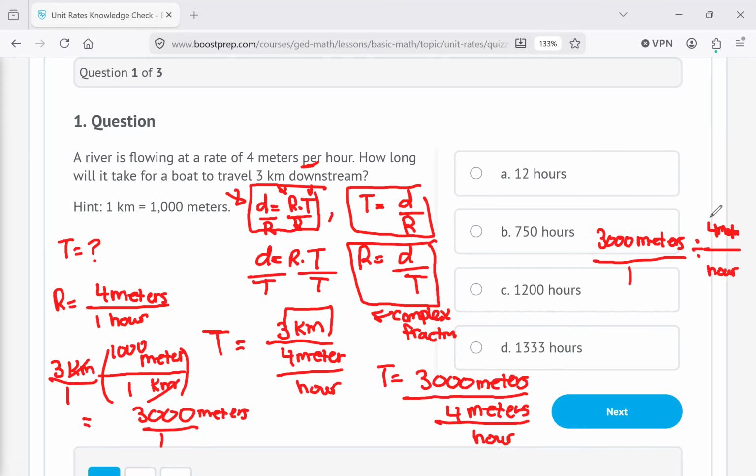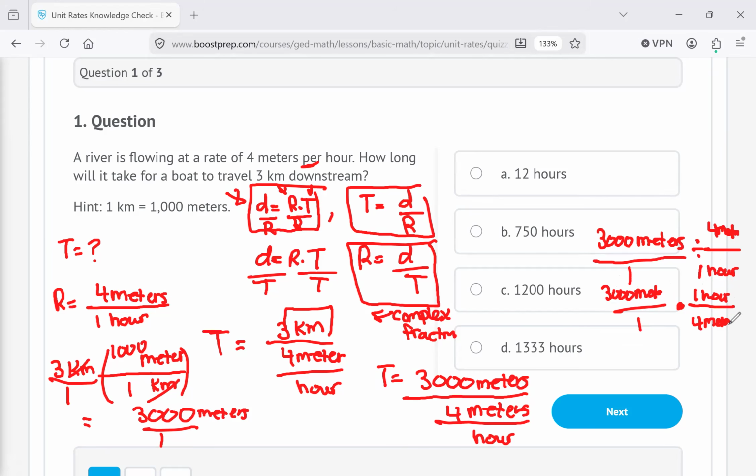If you recall how you divide fractions, you change the divide sign to multiplication and then flip it. So you have 1 hour on the top and 4 meters on the bottom, and this stays the same, 3,000 meters.